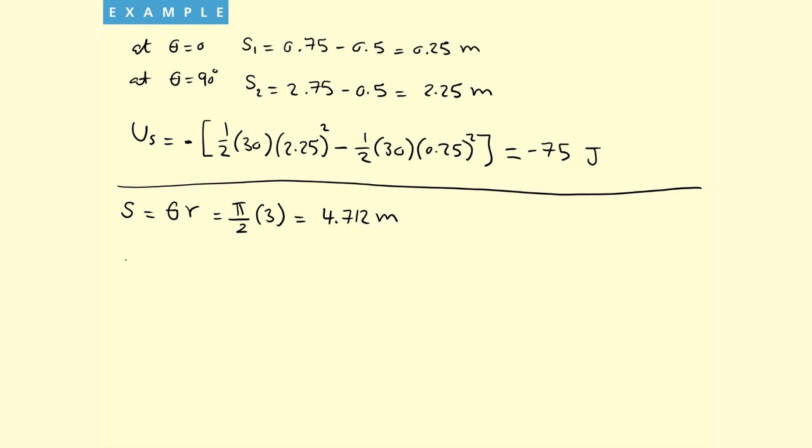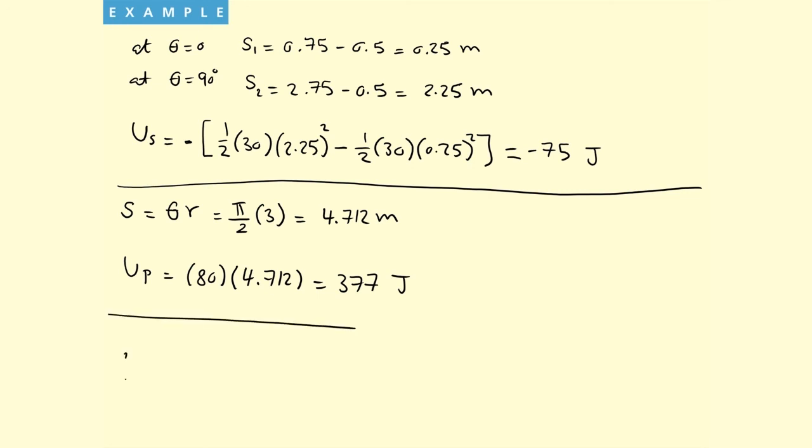And now I can do the work done by the force P. This should equal the force, which is 80, multiplied by the distance, which is 4.712, and this will give me the answer to be 377 joules.